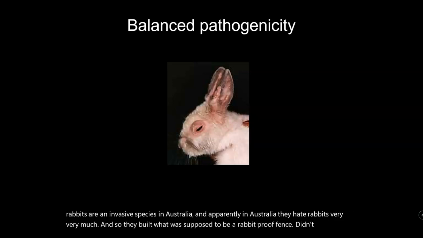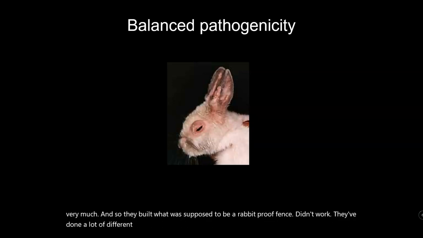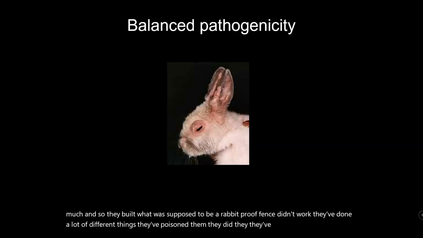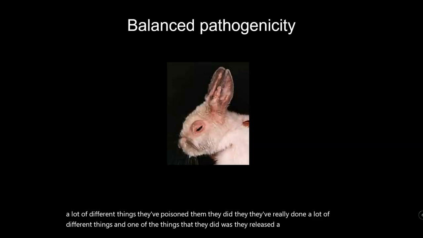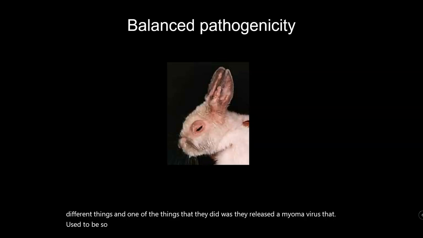Didn't work. They've done a lot of different things. They've poisoned them. They've really done a lot of different things, and one of the things that they did was they released a myxoma virus that used to be so virulent that it would destroy any rabbit that it happened to meet.